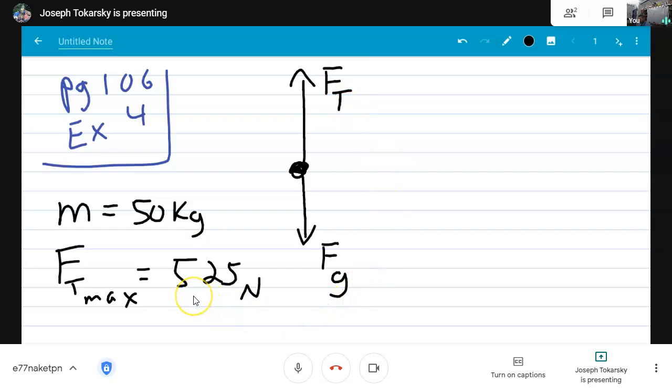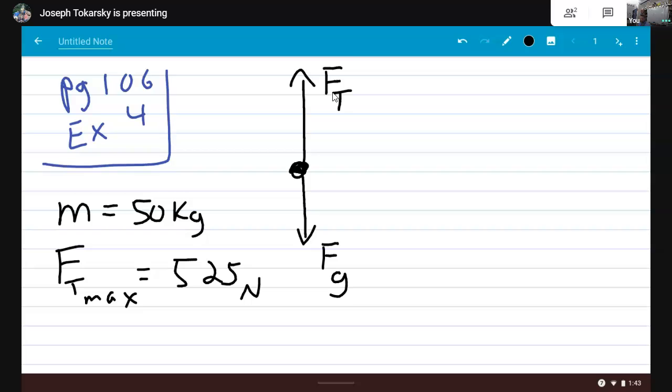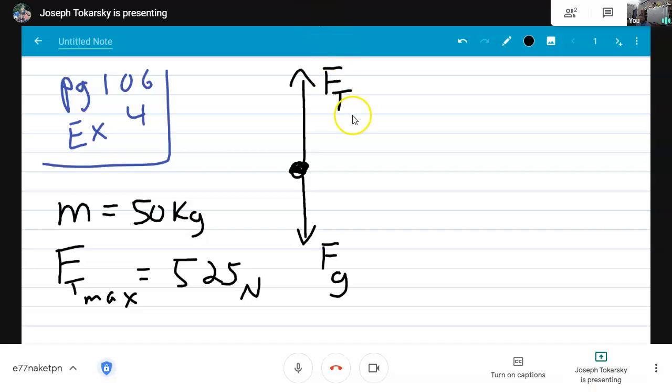This is just what the max is. Our goal is to find the tension based on the acceleration, which we also need to find, you'll see here in a second. We need to find what the actual tension is and compare it to the max. And if the actual tension is bigger than 525, it breaks. If it's smaller, it's good.